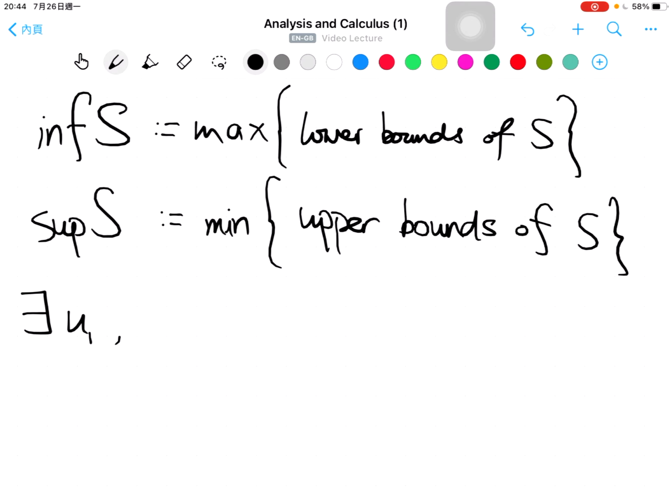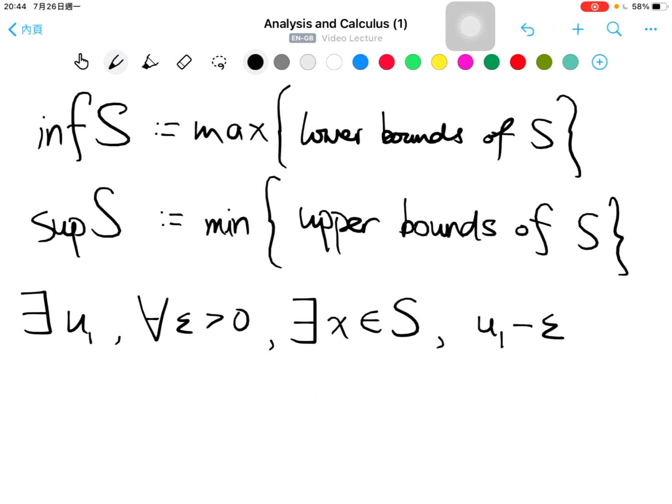It means if we define a positive number, say epsilon, there's going to be something in the set such that when we subtract a little bit from this upper bound, we get less than this thing in the set.